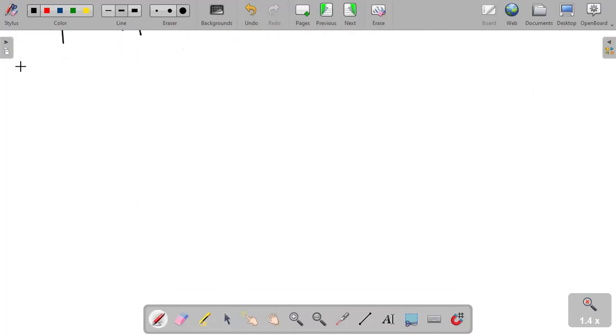Now that we know the length of the vector, we must draw the vector. It's going south. North is going to point up the page, so south will point down the page.